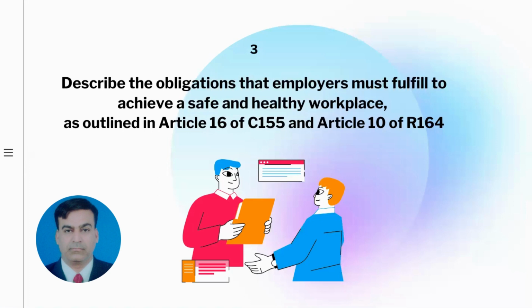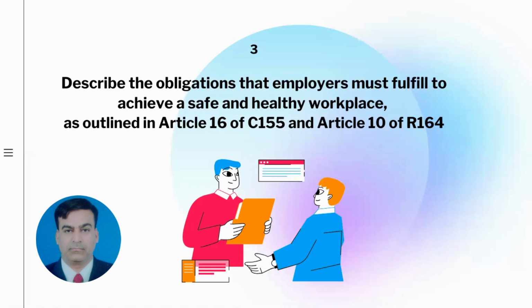Adequate protective clothing refers to the garments or attire that are designed to protect the wearer from specific workplace hazards such as chemical splashes, heat, or physical injuries. This may include items such as gloves, safety goggles, helmets, high visibility vests, or specialized clothing for specific tasks.